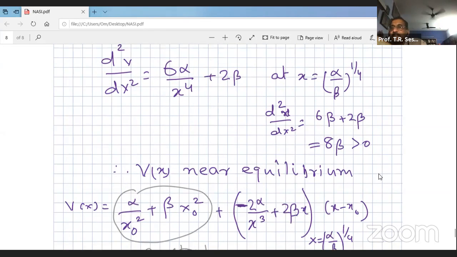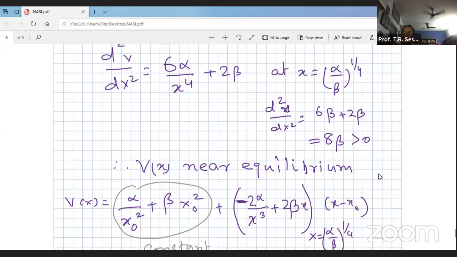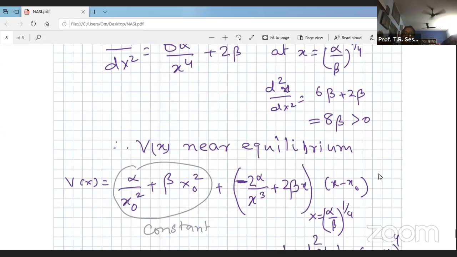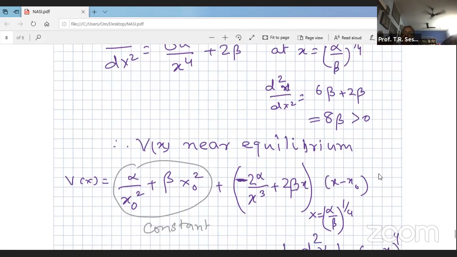Okay. So 8 beta. But since we already said that beta is greater than 0, 8 beta is greater than 0. So V of x is a point of stable equilibrium. It is a minimum and not a maximum. Okay. So for small oscillations around this minimum, I can write V of x as alpha by x naught square, that is the value of V at x naught, plus beta x naught square, which is a constant.